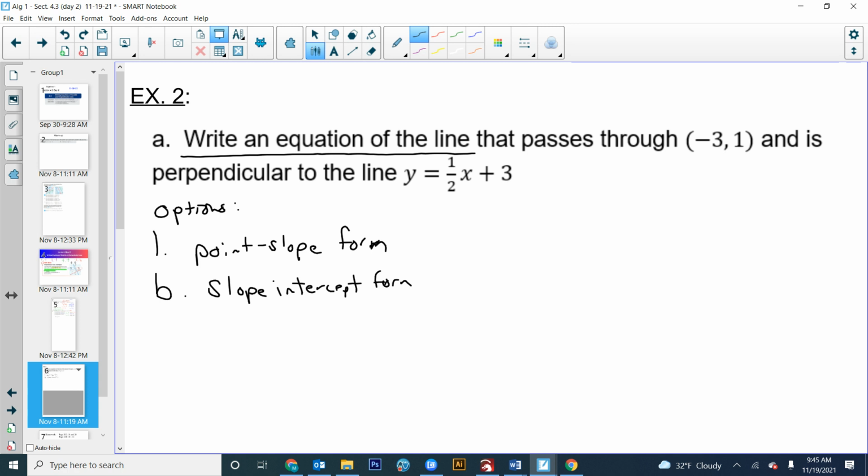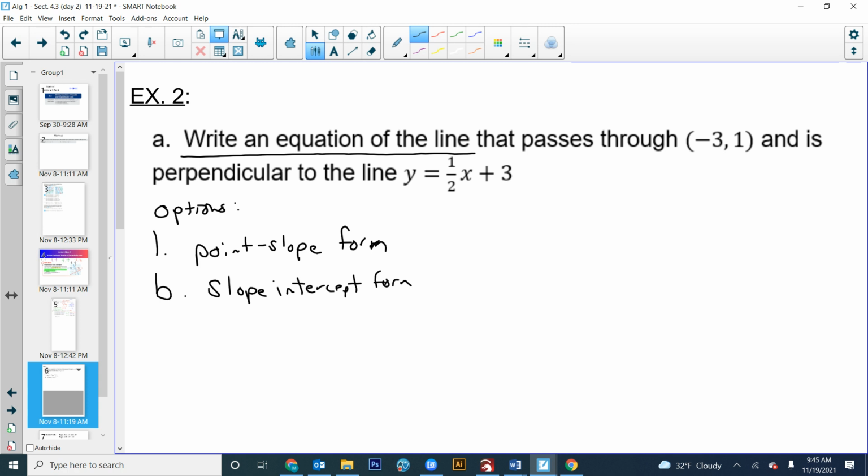I can find the perpendicular slope pretty easily, right? Is that point the y-intercept? No. So which form would be more difficult? Slope intercept would be more difficult. We want to use point slope.